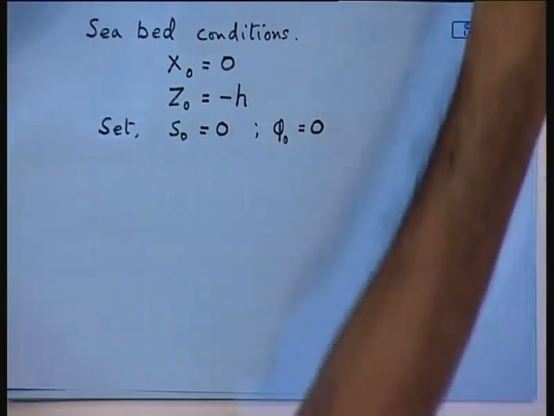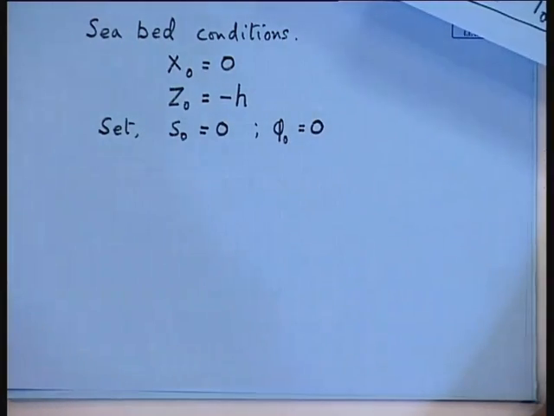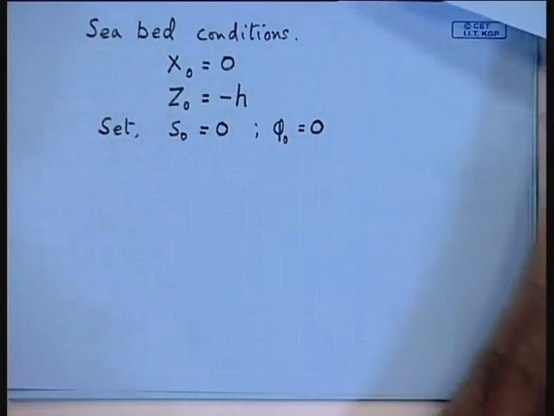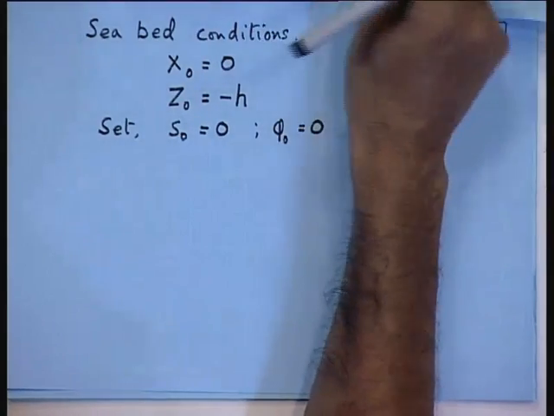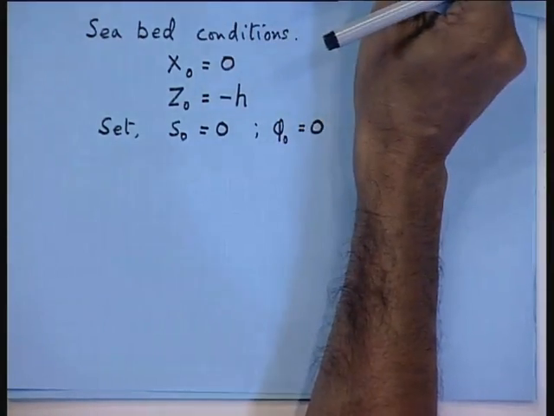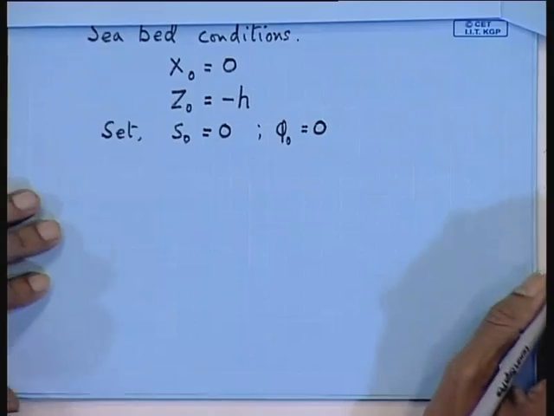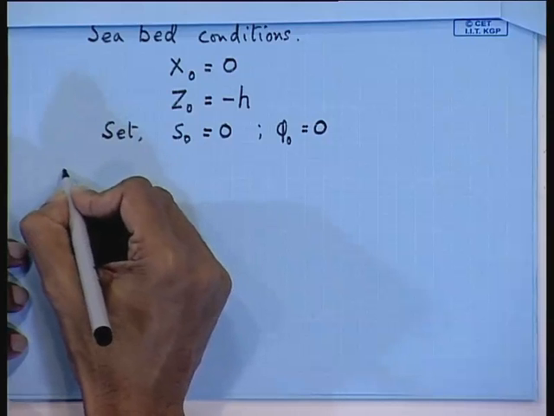See, what are the three equations that we have just now derived? The three equations: x minus x naught, S minus S naught, and Z minus Z naught. Now your x minus x naught that we have derived is quite a long expression.